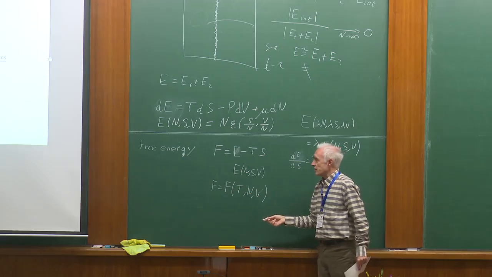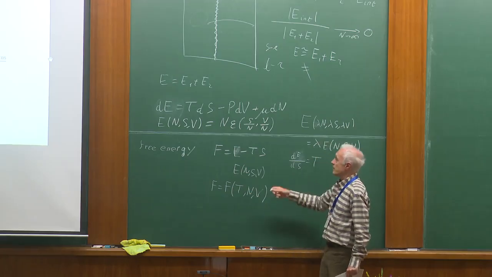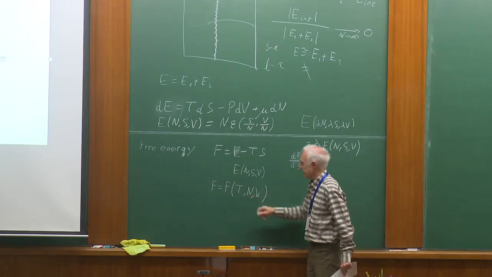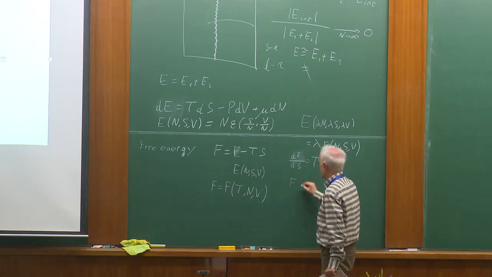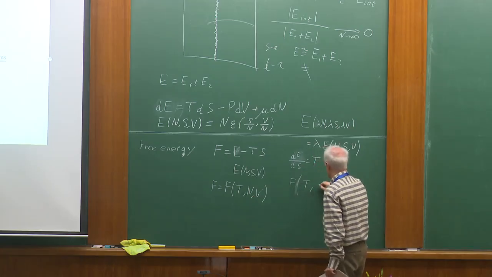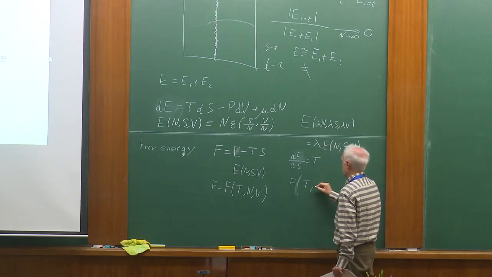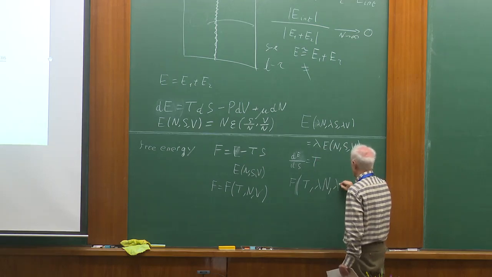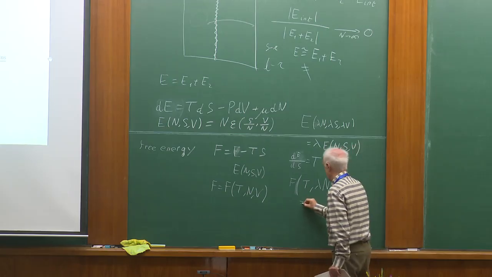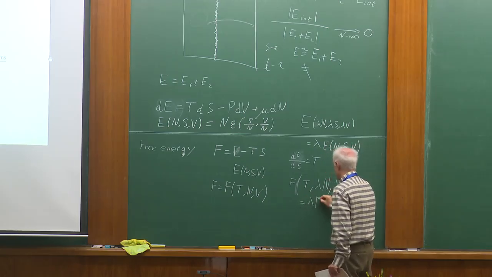Also, this thermodynamic potential has the same property as this one here, but now, since you have an intensive variable here, changing the size of the system means considering the free energy of a system in which you increase or decrease the number of particles and correspondingly the volume, and this should be equal to lambda here.